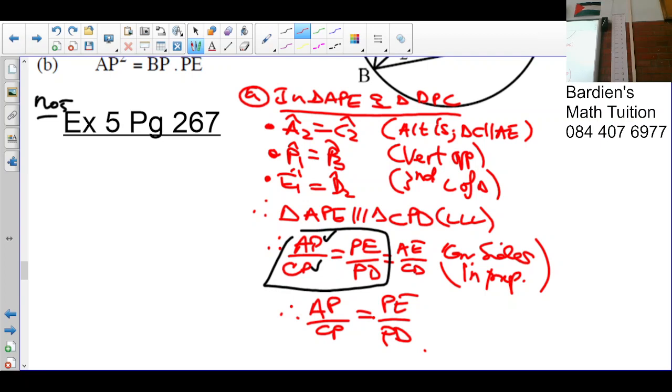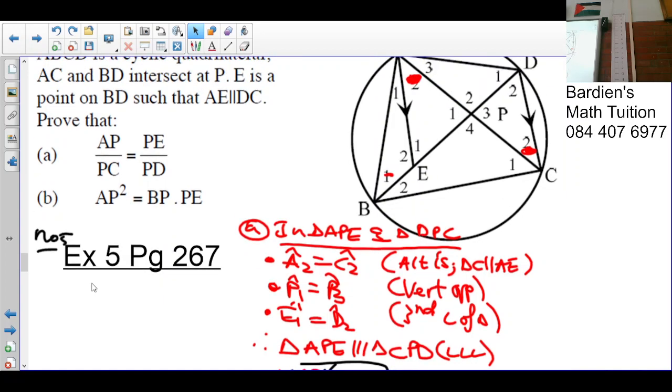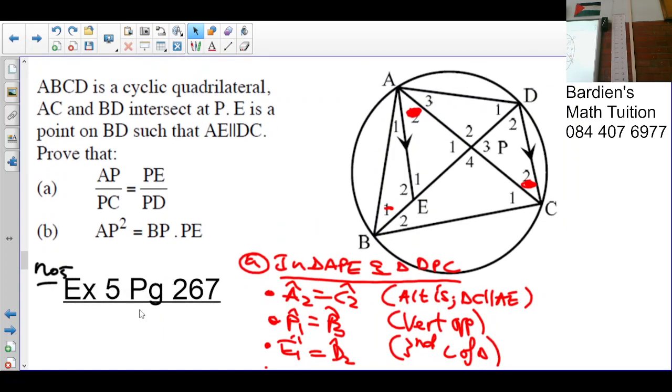Okay? You guys understand? So let's go to the B part of the question. Remember all these angles are now equal, so now make another marking there. Then in the B part of the question, they want you to prove that AP squared is equal to that. So AP squared is going to be this then.